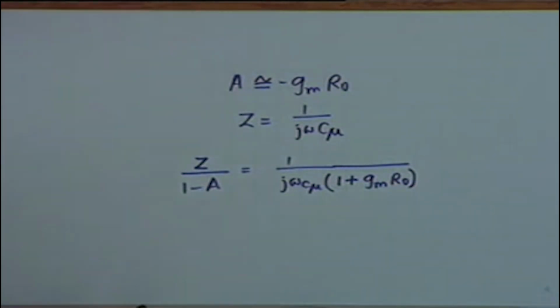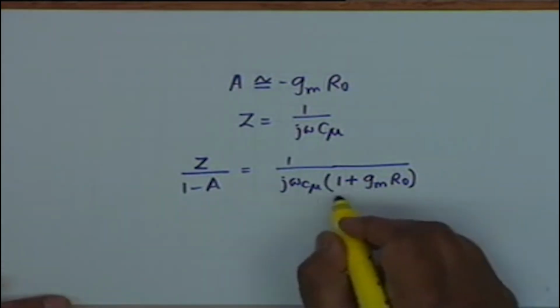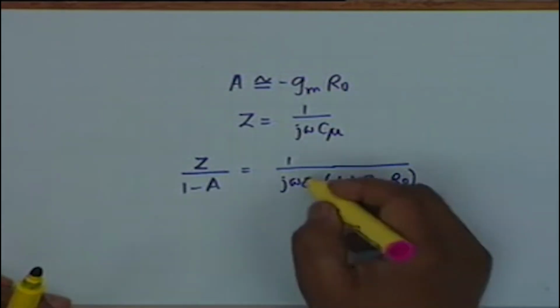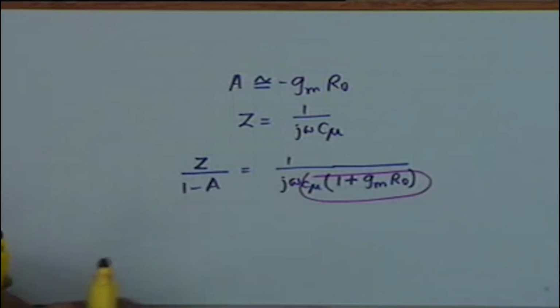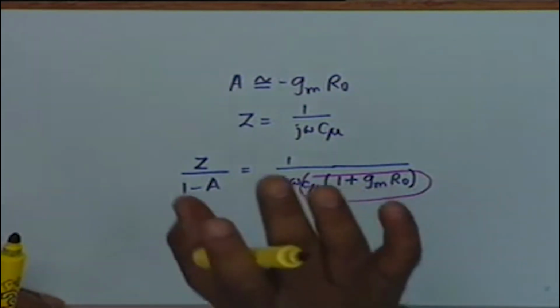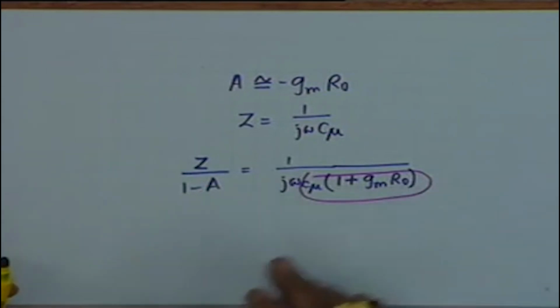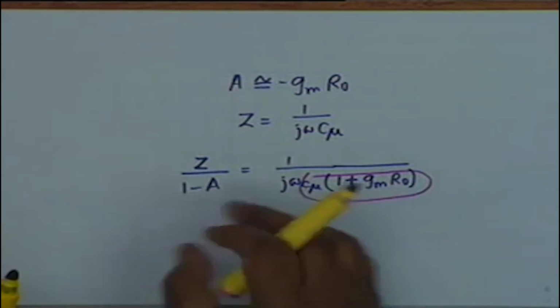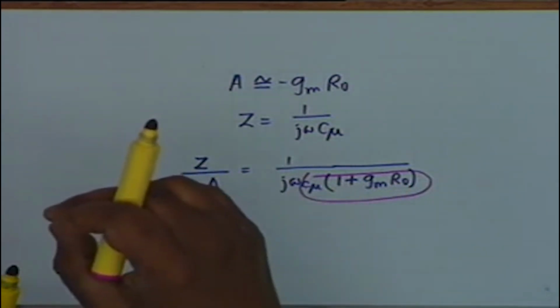Our effective input impedance, reflected input impedance, is 1 over j omega C mu times 1 plus gm R naught. And you see what happens. C mu is a small capacitor of the order of 3 pF, and C mu is now multiplied by 1 plus the gain of the circuit. If the gain is 99 and C mu is 3 pF, equivalently it is reflected at the input across C pi as 300 pF. Is the point clear?